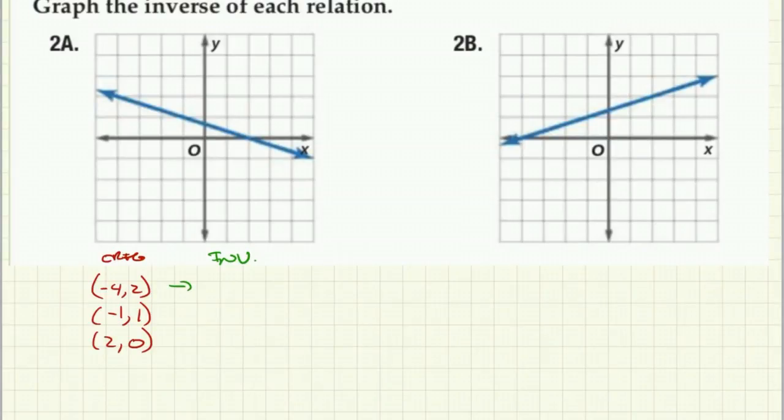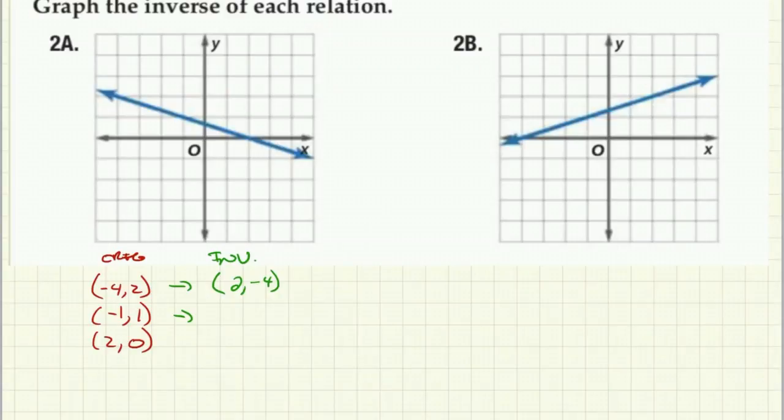If I have an x value of -4 and a y value of +2, then my inverse is just the opposite. My x value is 2 and my y value is -4. The input becomes the output and the output becomes the input. Pretty straightforward, there's no real magic here.